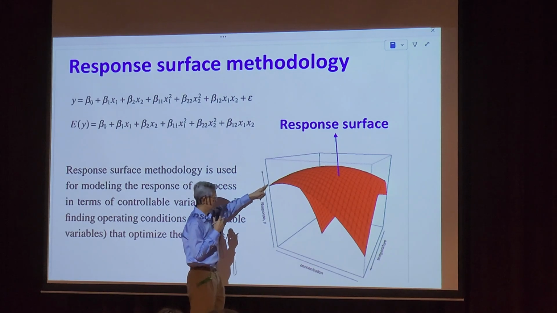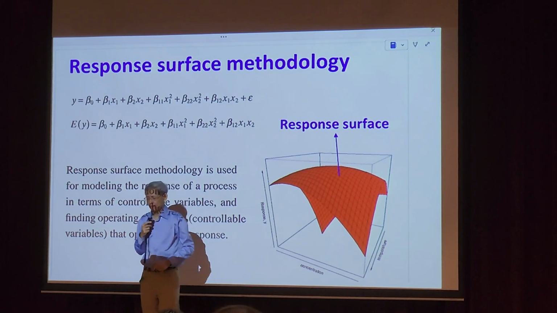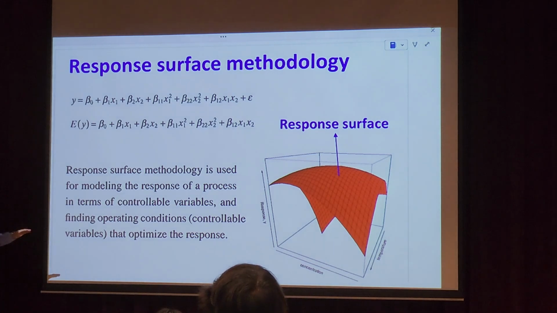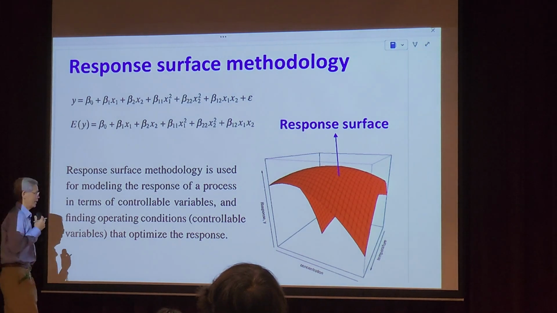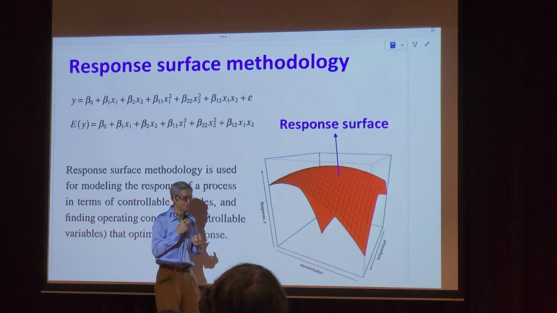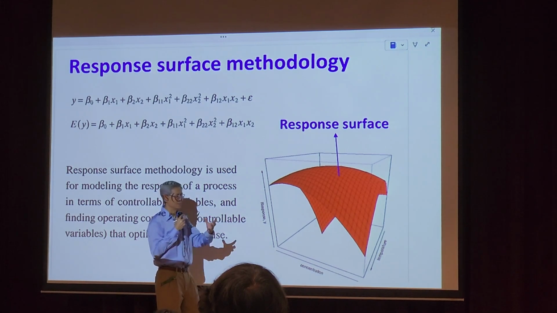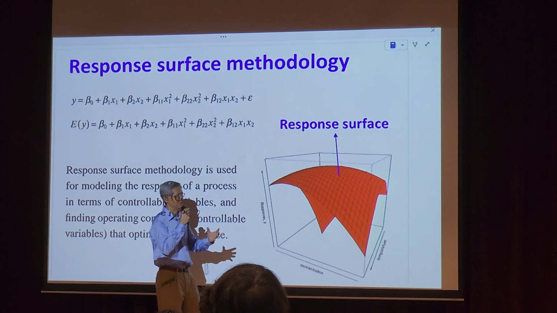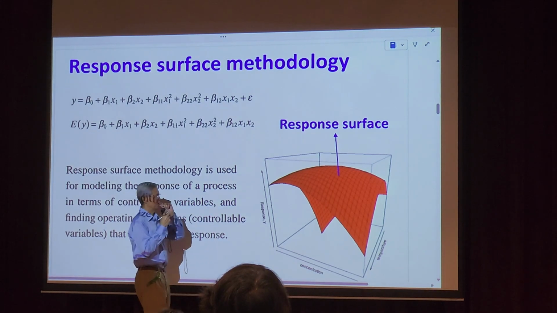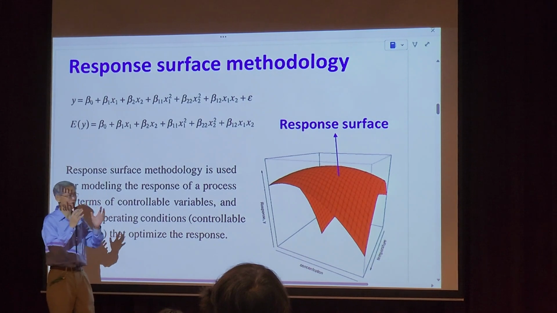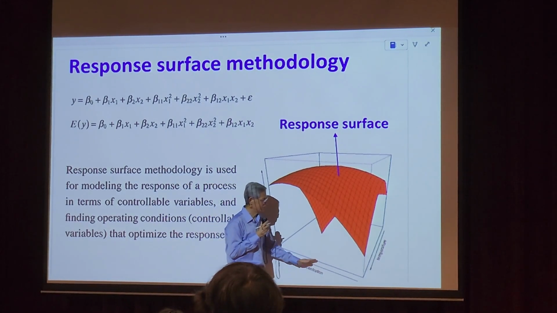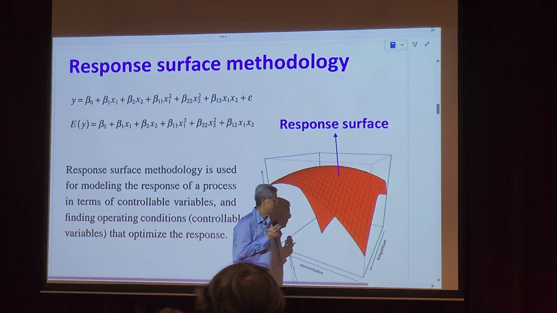Here is Y. The vertical axis is Y. Well, what that means is, here I'm talking about a chemical process where the response is a yield that you will get, let's say in a furnace, where you need to have certain concentration of your material and the temperature.